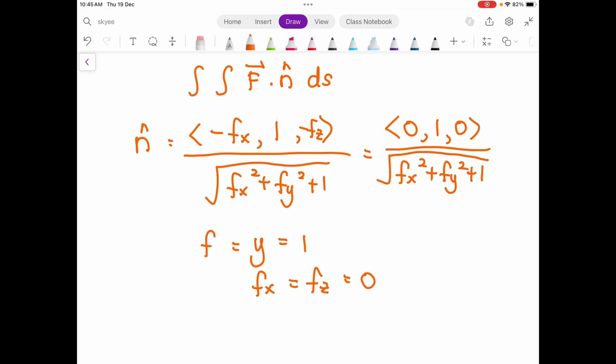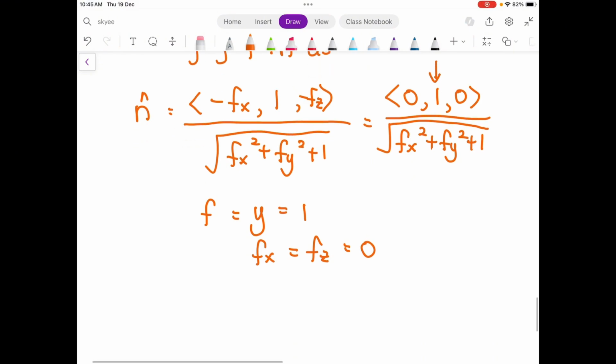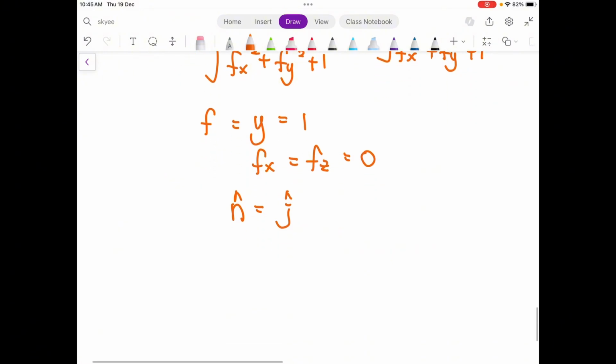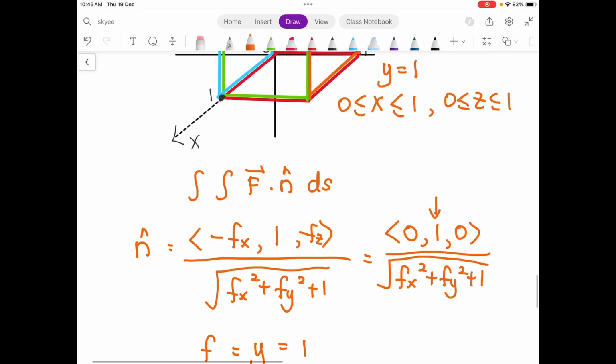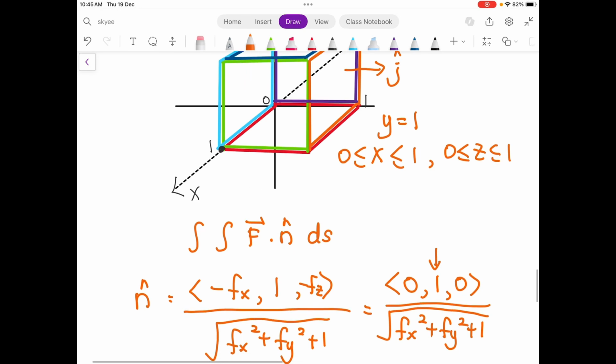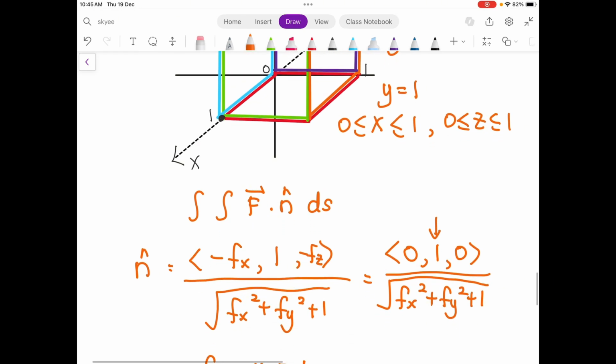So you see this, you know that your unit vector n, when you put it in, will be in the j direction. So you can combine it now with the F. Since it has only j, we look at our F. What is our F?